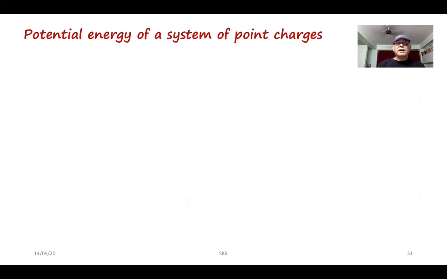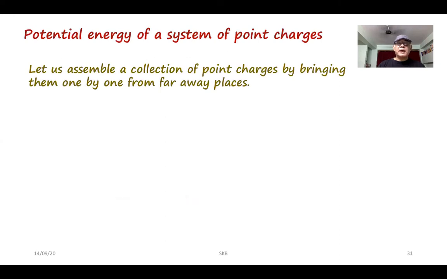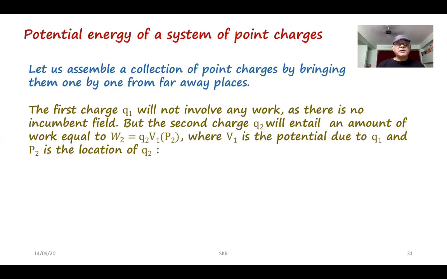Now, potential energy of a system of point charges. Let us assemble a collection of point charges by bringing them one by one from far away places. The first charge q1 will not involve any work as there is no incumbent field.